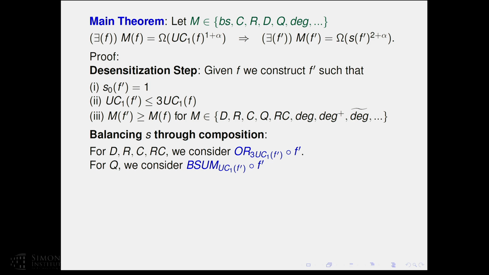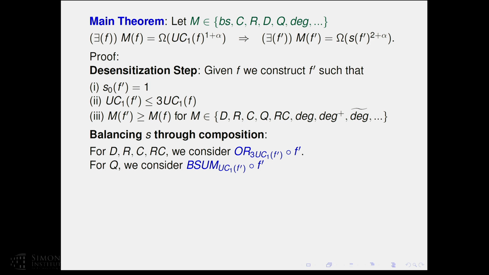For decision tree, randomized, and certificate complexity, what we do is we compose f prime with OR. The point is that the OR function has full complexity in all of these measures. So the decision tree complexity is equal to the number of variables, and they all admit a perfect composition theorem.